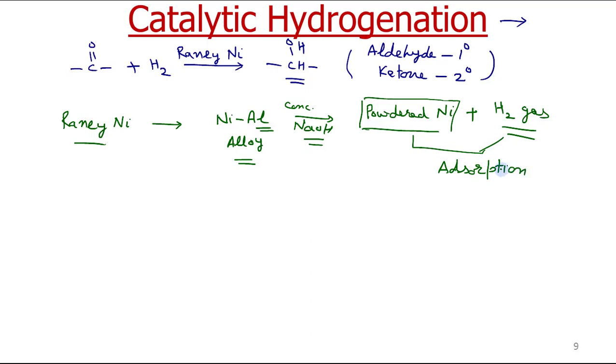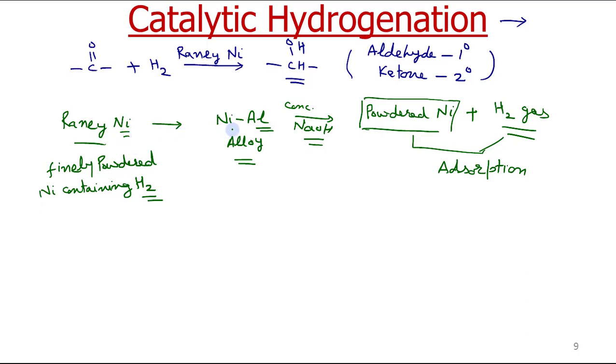So Raney nickel is, we can say, finely powdered nickel containing hydrogen gas, because hydrogen is released in the process of synthesis of this Raney nickel.